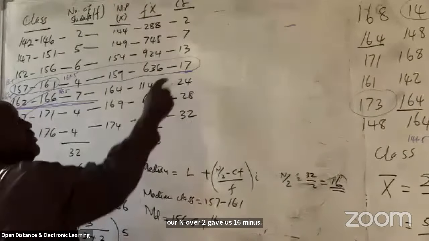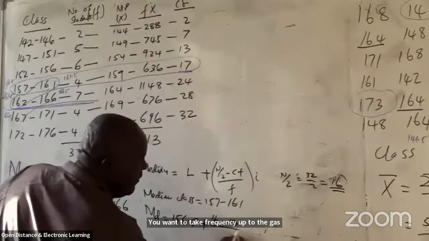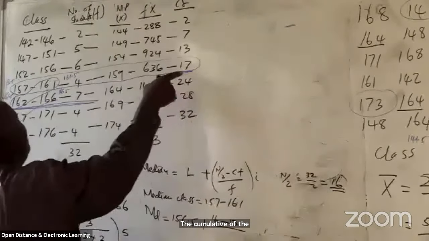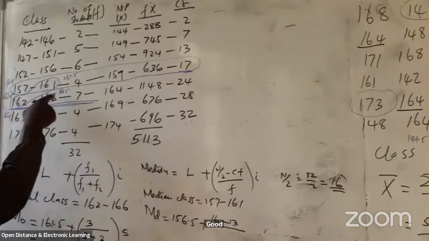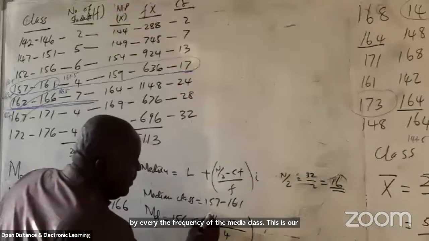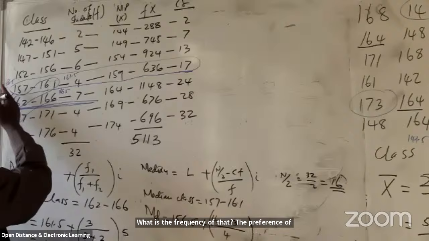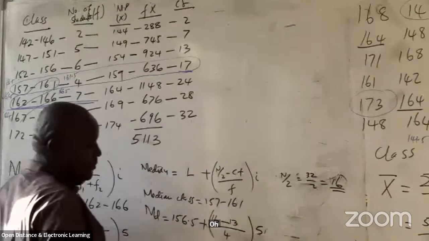That preceding is what comes before, so what comes before is 13, divided by F, the frequency of the median class. This is our median class, 157 to 161. What is the frequency of that? The frequency of that is 4. And the class size, which we know how to get, 161.5 minus 156.5, gives us 5.